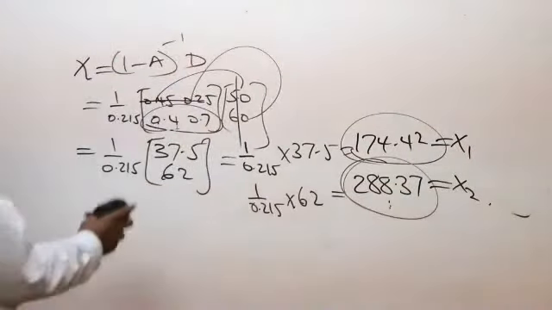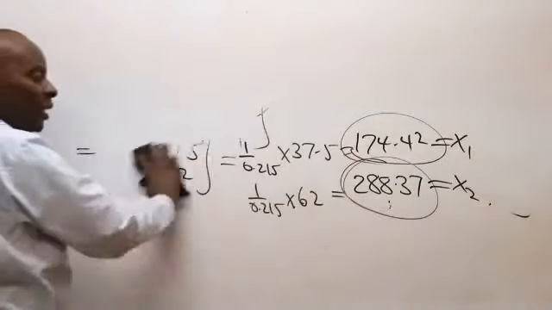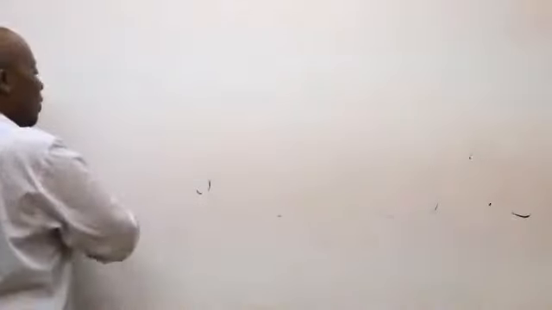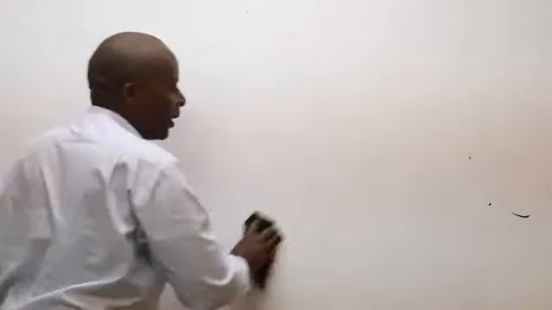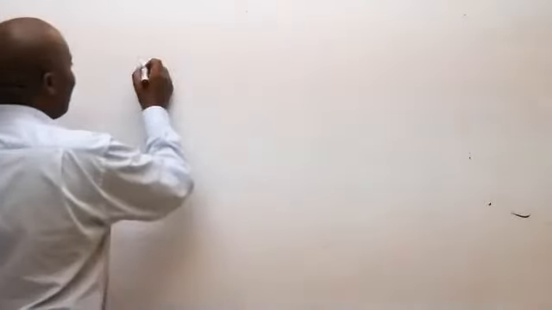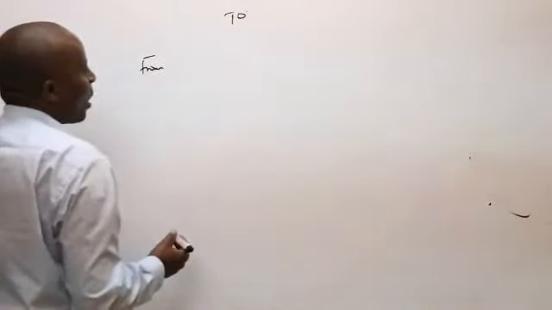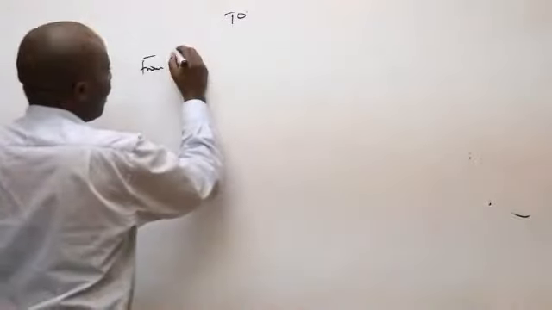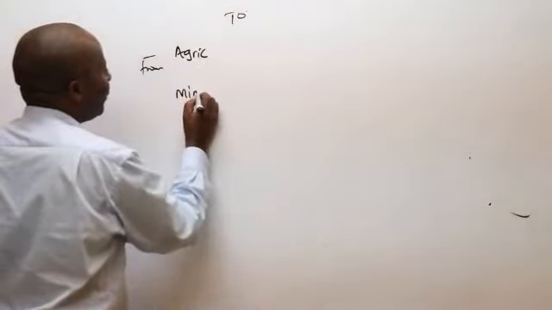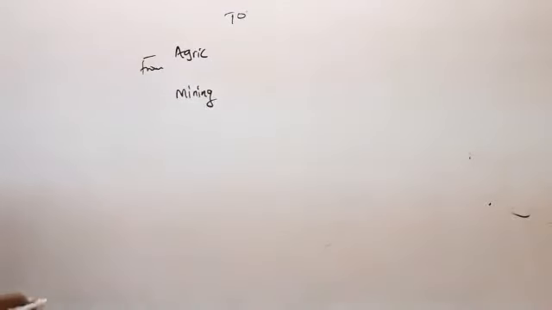Now, ladies and gentlemen, listen. Your examiner will never give you it directly like that. What your examiner will do is come and give you this kind of a question. He'll tell you, we have here from, and two sectors: agriculture and mining.